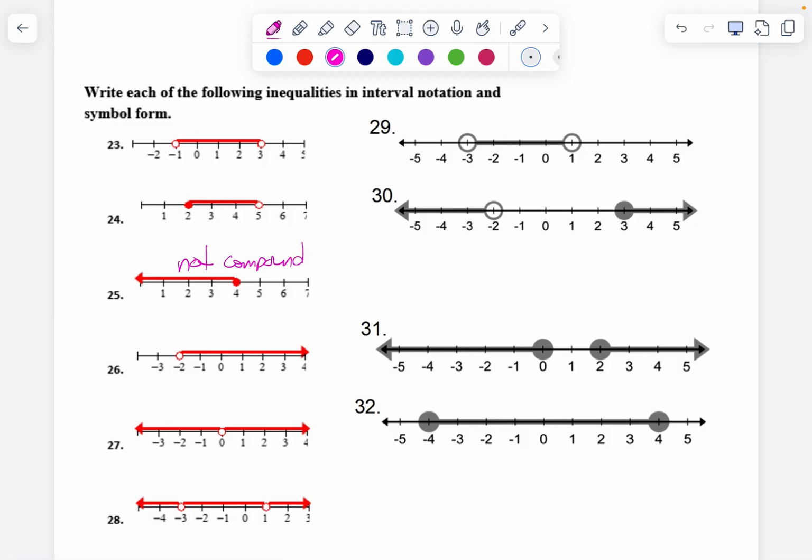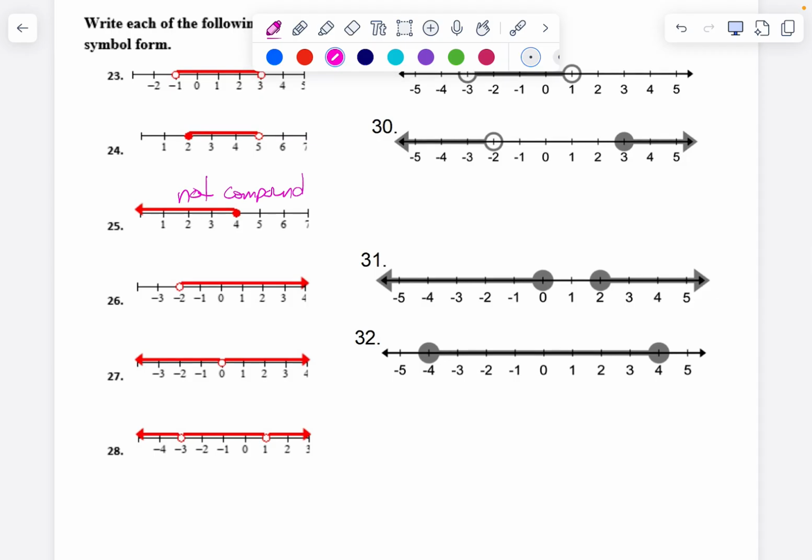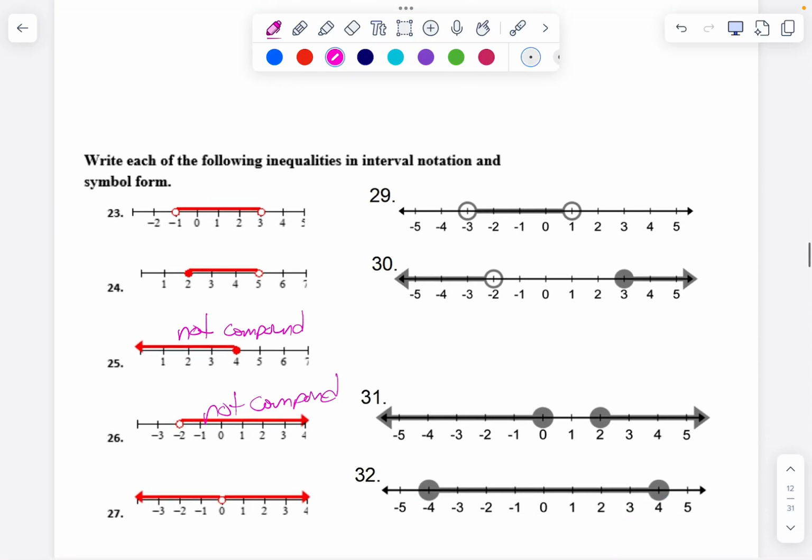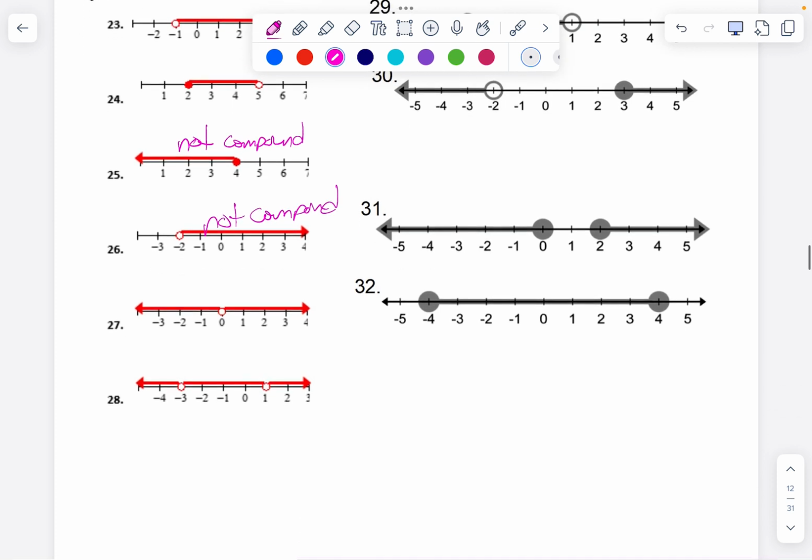Hudson, I kind of tricked you on that one, so good try. Arissa, tell me about that one. It's not compound, good, because it's just going one direction. It's just the usual.